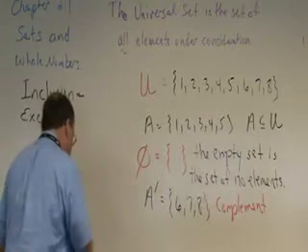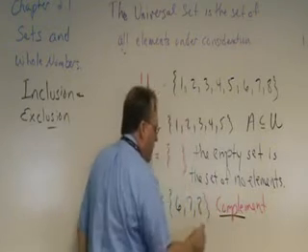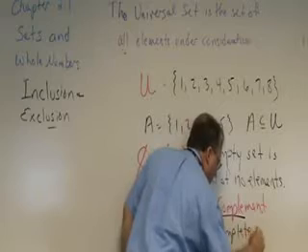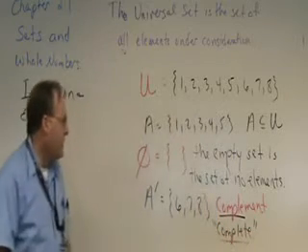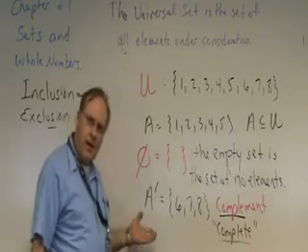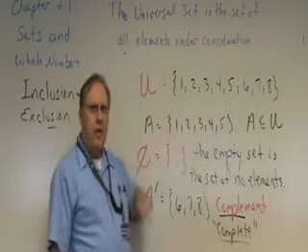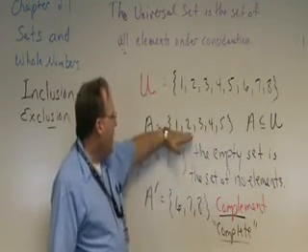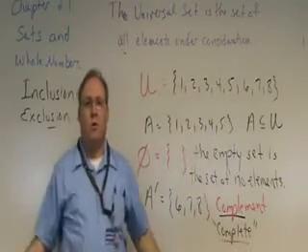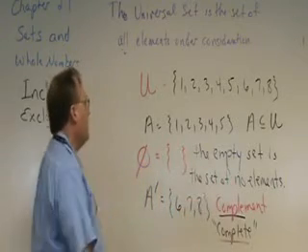Now, the root word of complement comes from what we now see as complete. A complement is that set of elements that would complete set A. This set would make A the complete set, that is the universal set. The universal set is the only set that is a complete set.